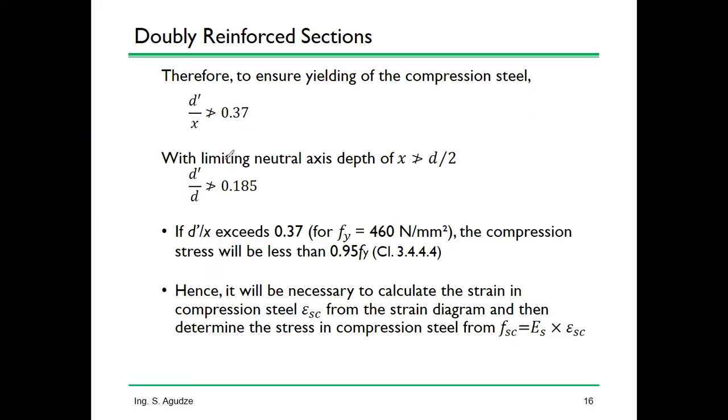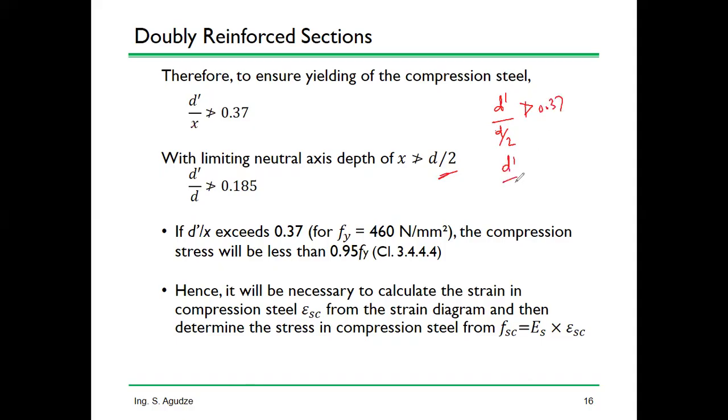So, for example, the neutral axis is limited to d over 2. If you have d prime and the neutral axis is x, we can put d over 2 here, and we say it should not exceed 0.37.